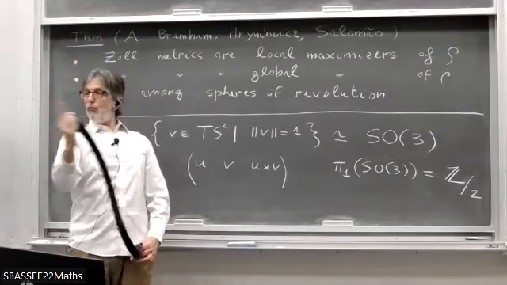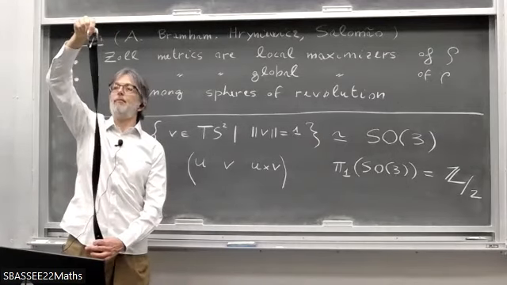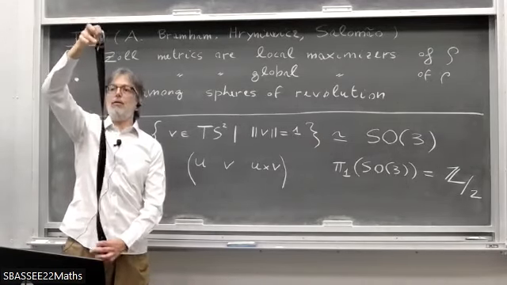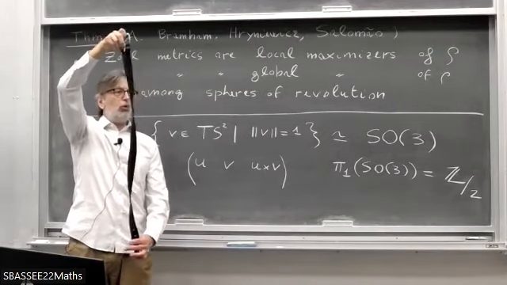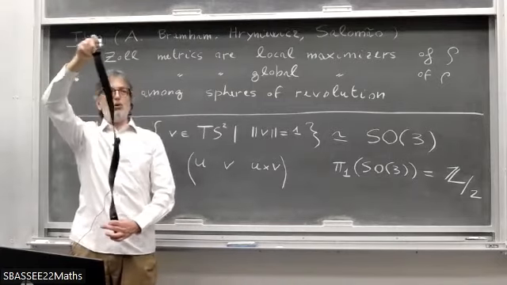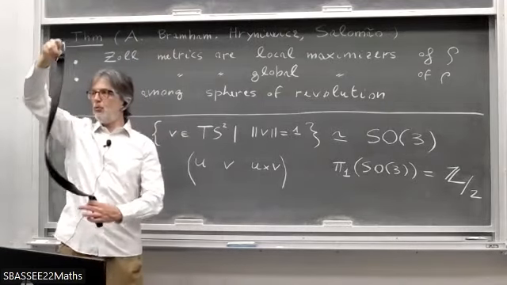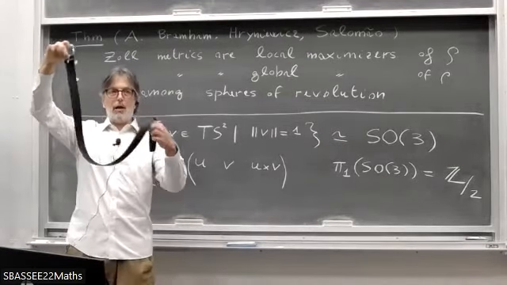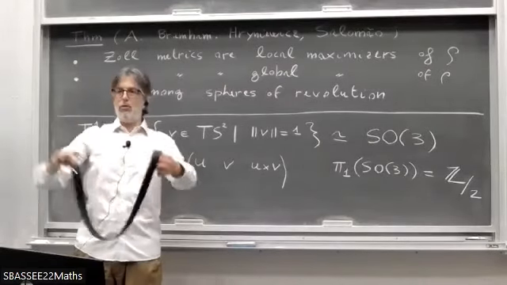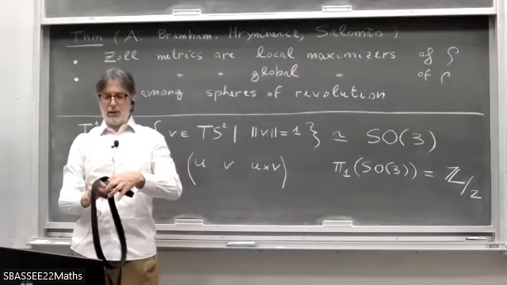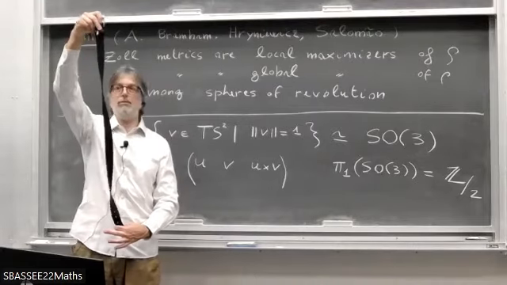If I want to do one full turn, I have to twist this twice. Okay? I rotate it by 2π. The front here is the end in front of me. And now if I want to untwist, you can do whatever you want, but you cannot untwist.